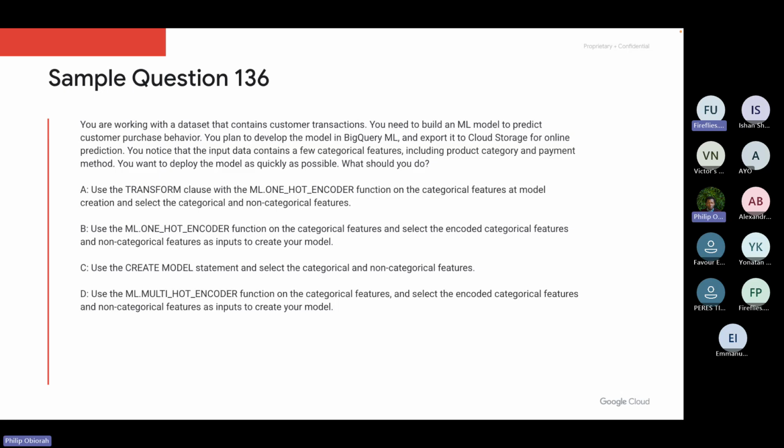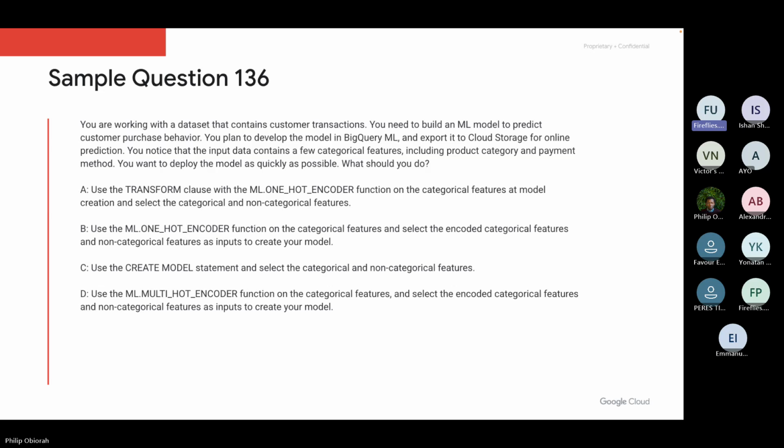You want to use the transform clause, which I know some of these things might be scary at this moment. But just make a guess. It can be scary, but we are here to learn.